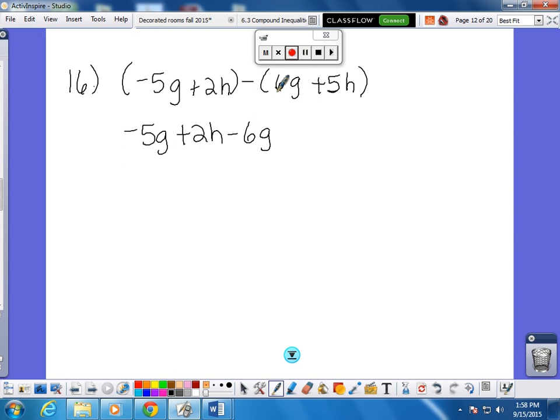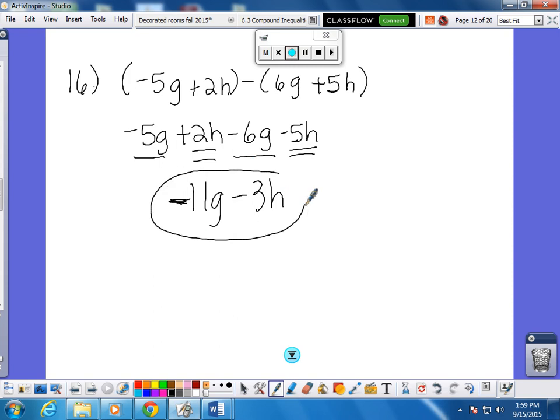That's the opposite of whatever this was. And then the opposite of 5H is negative 5H. Okay, now what comes first, G or H? G. There you go. All right, so negative 5G and negative 6G is negative 11G. And 2h and negative 5h is negative 3H. Questions?